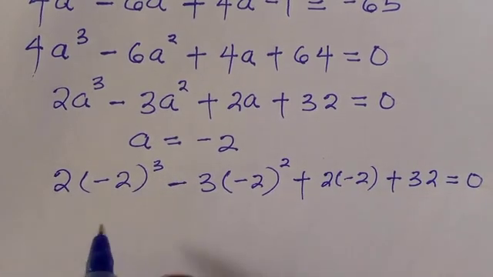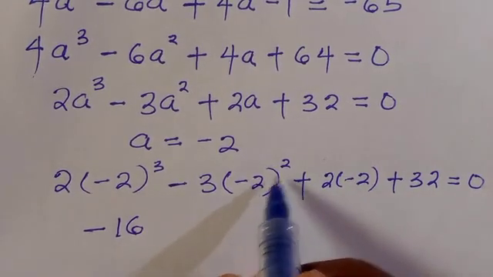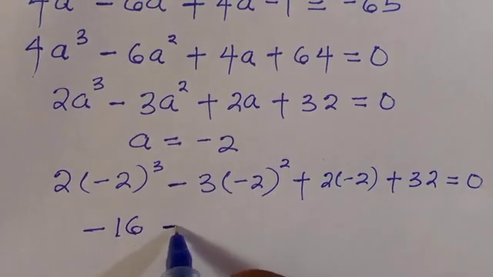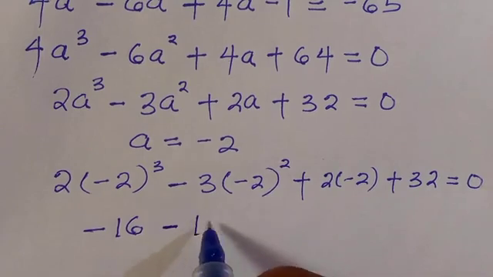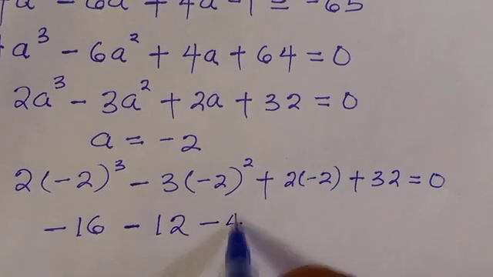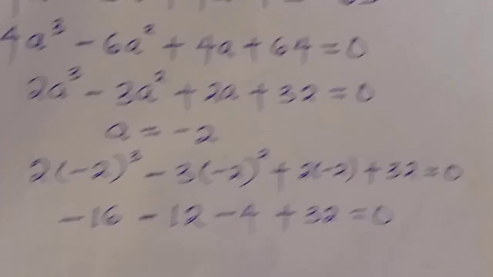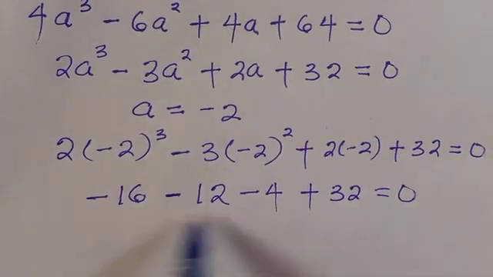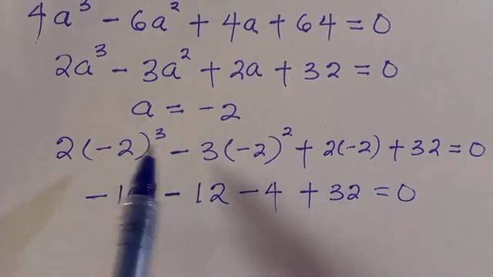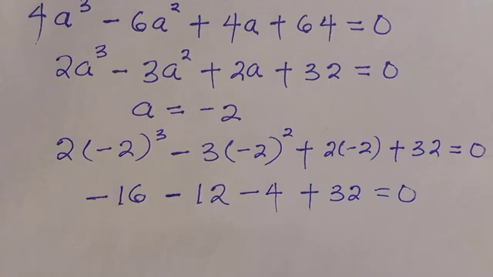And 2 multiplied by minus 8 is minus 16. Here (minus 2)^2 is 4. So minus 3 multiplied by 4, that is minus 12. And here we have minus 4 plus 32 equals 0. So the whole of this one is minus 32. So minus 32 plus 32, everything equals 0, which means that at a equals minus 2, it satisfies this equation.